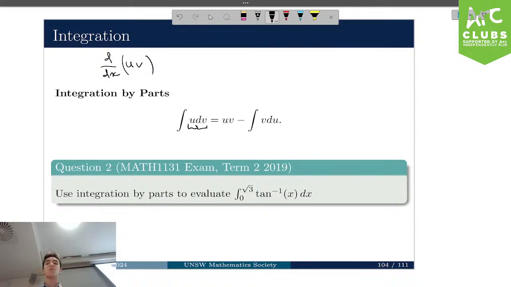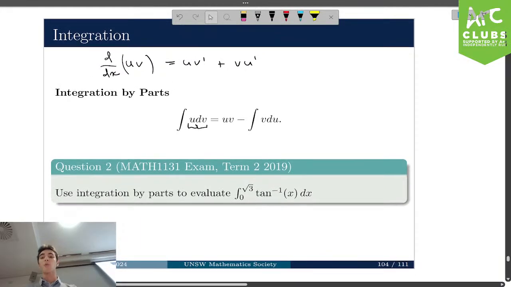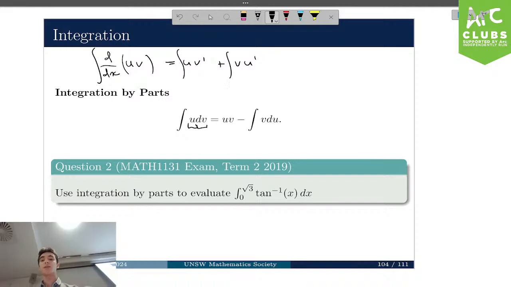Everyone remembers that the derivative of two functions multiplied together is one function multiplied by the derivative of the other, plus the other function multiplied by the derivative of the first. Everyone recognizes that? Now, what we do is take the integral of both sides.